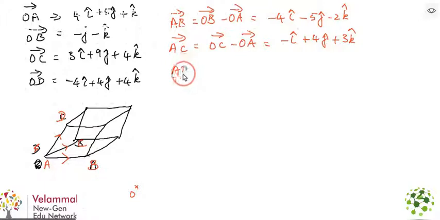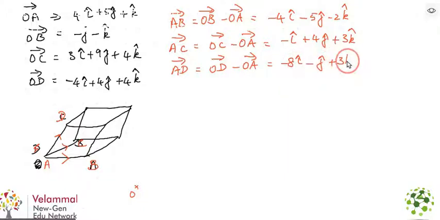And finally, AD is final minus initial, which is minus 8i minus j plus 3k.